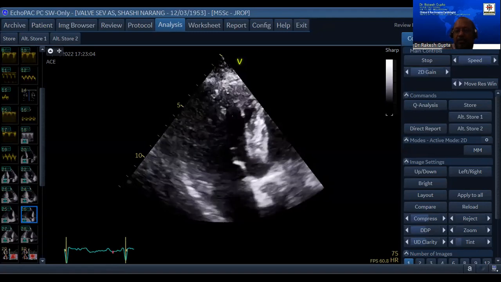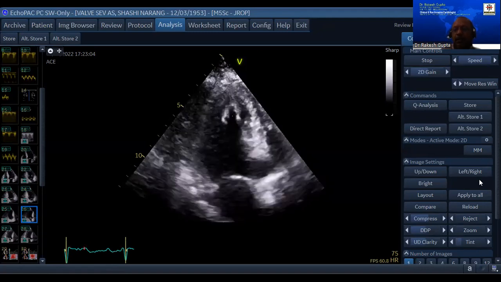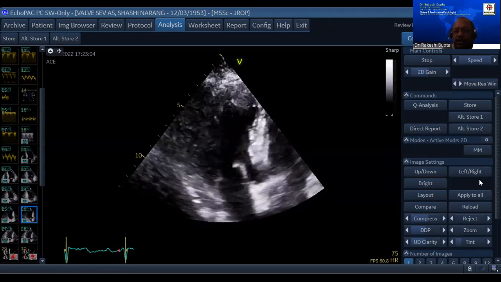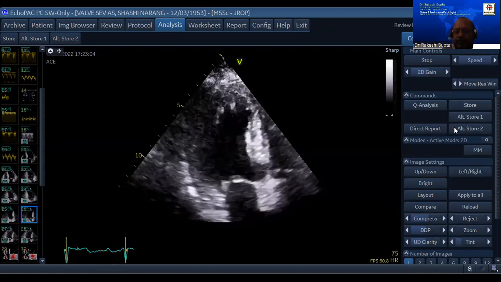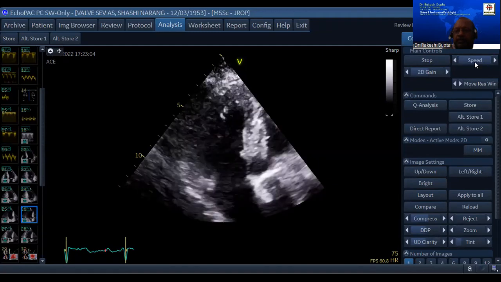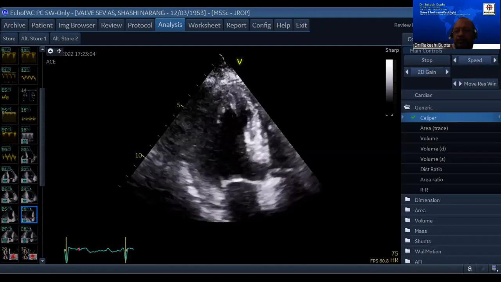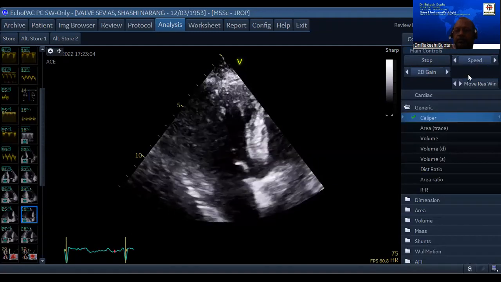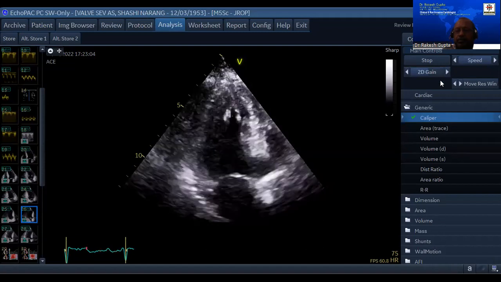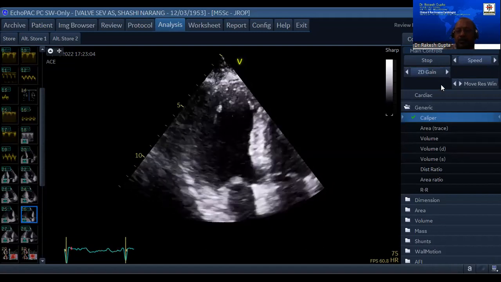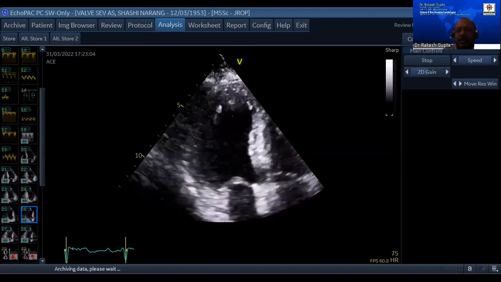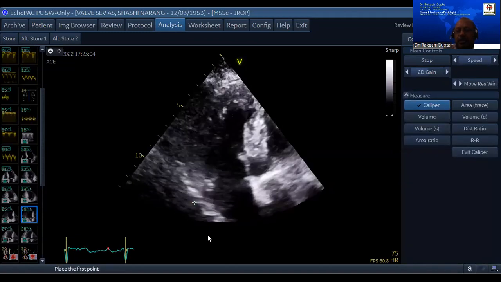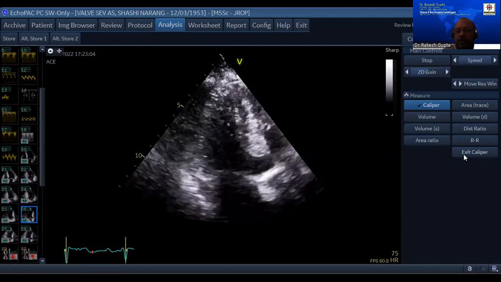Unfortunately, this does not have pulse wave sample volumes, but let me just try to get a cursor. No, it does not have that kind of facility. Caliper, then exit caliper.